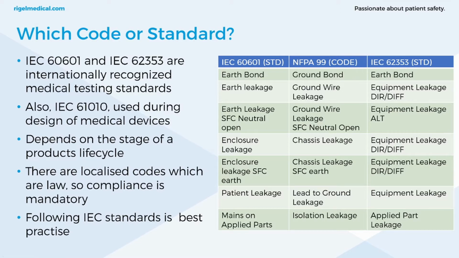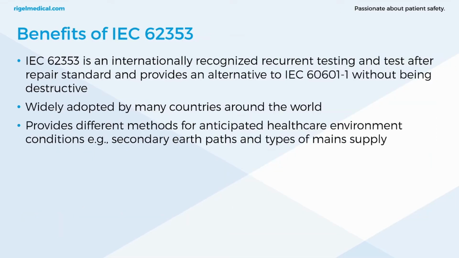And it's important to understand that localized codes such as NFPA 99 are law, so compliance is mandatory. Regardless, following IEC standards is always best practice. The table shows how the tests are all interrelated. Our previous webinars got much more detail, and I can provide this to anyone who missed it or just wishes to go over it again.